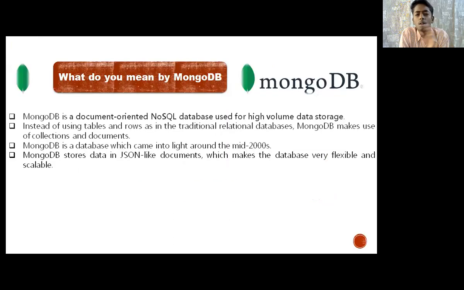So first of all, what do you mean by MongoDB? MongoDB is a document-oriented NoSQL database used for high volume data storage. Here, MongoDB is a type of document-oriented platform and a non-SQL database, which is a non-symmetrical way to store data.